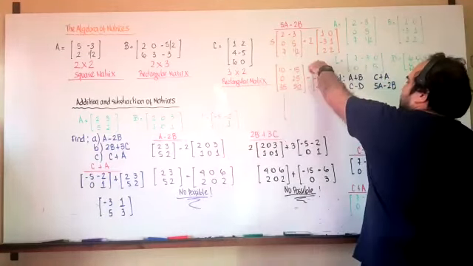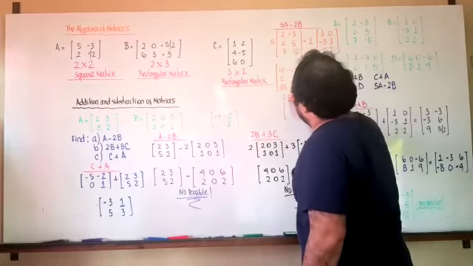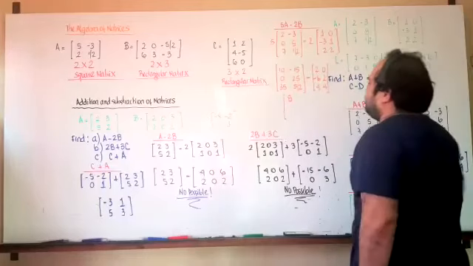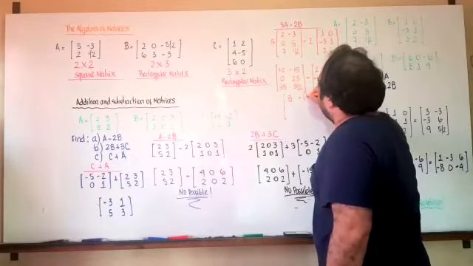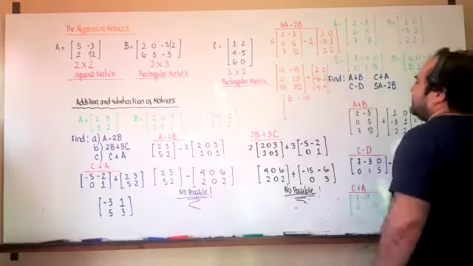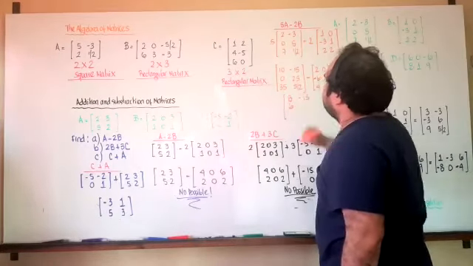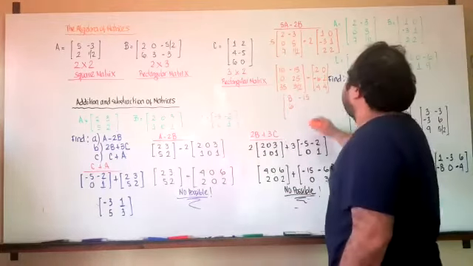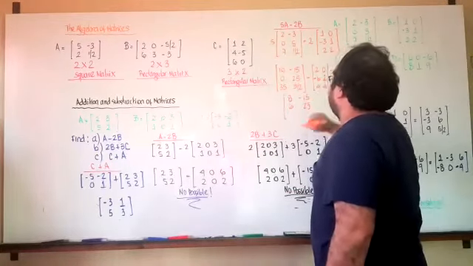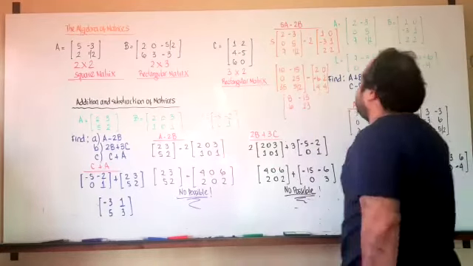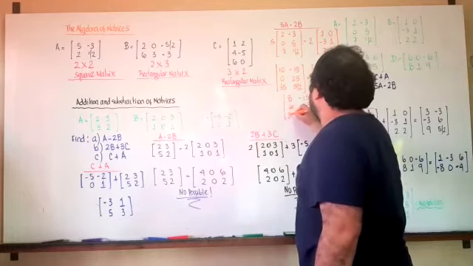10 minus 2, 8. Negative 15 minus 0, negative 15. 0 minus minus 6 will be positive 6. 25 minus 2 obviously will be 23. 35 minus 4 will be 31.